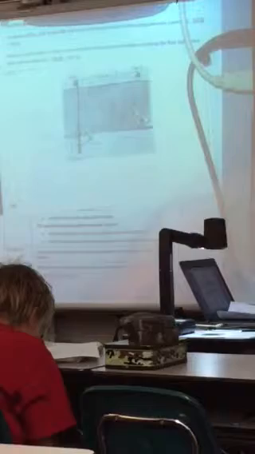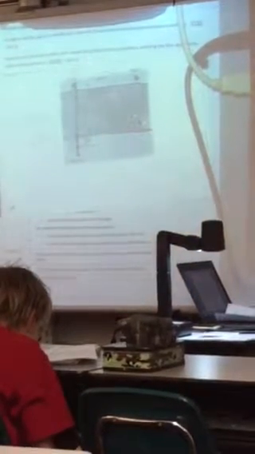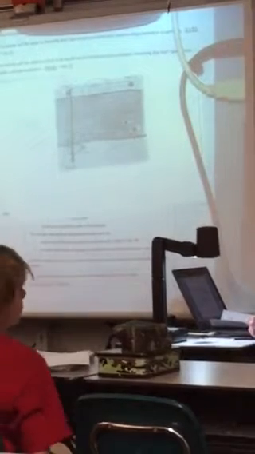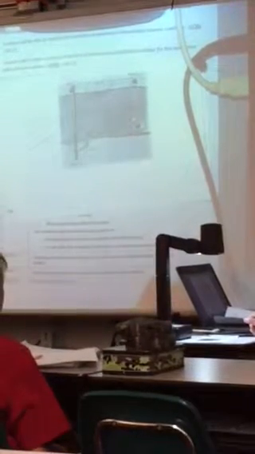Remember the people that had the other one? If the base was 32 and the new base was 160, what's the scale factor between those two? Jaden. To go from 32 to 160, what's the scale factor? 32 to 160 is 5.